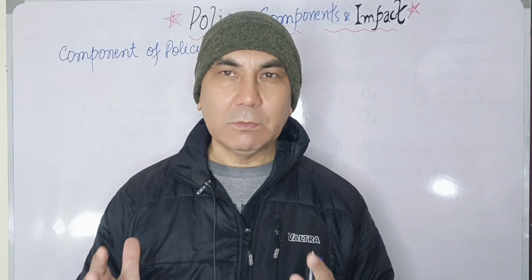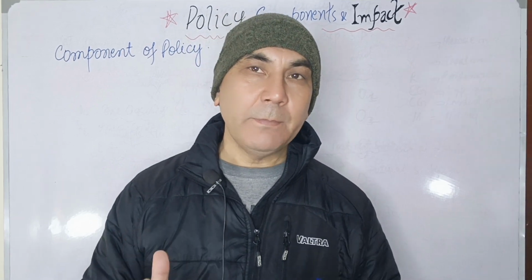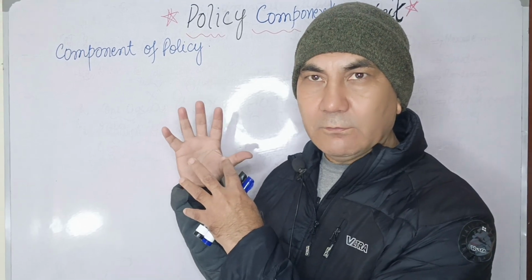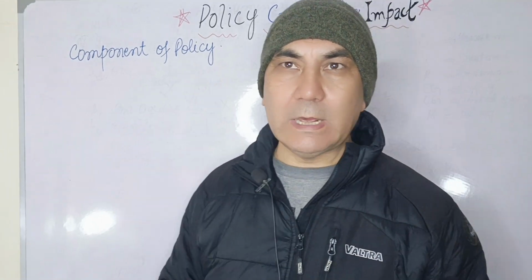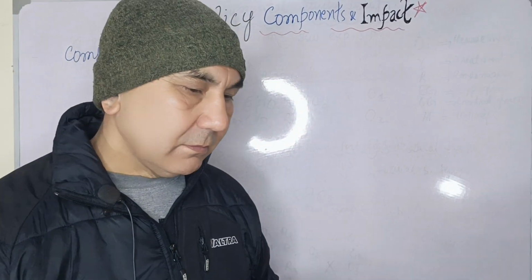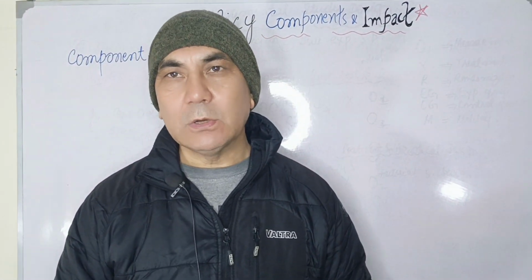Today in this lecture we will learn about the components of the policy and the impact of the policy. Let's go through the first part of today's lecture, which is the components of the policy. There are six major components of the policy.